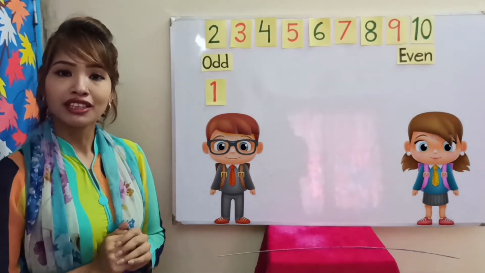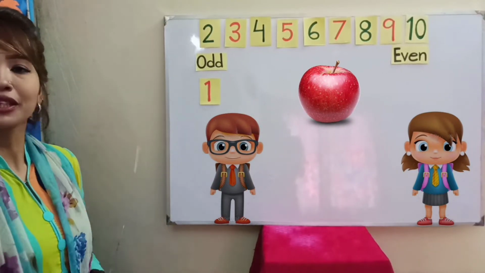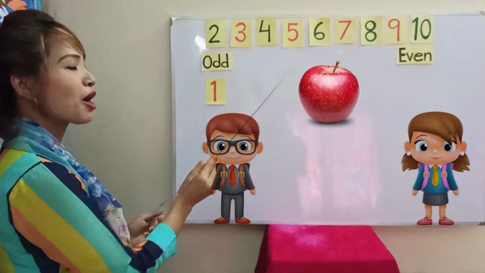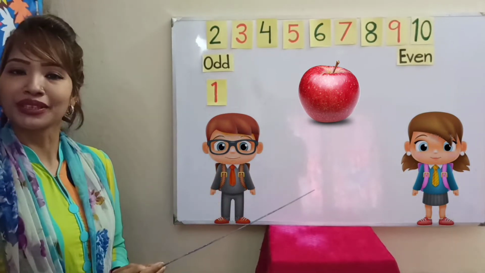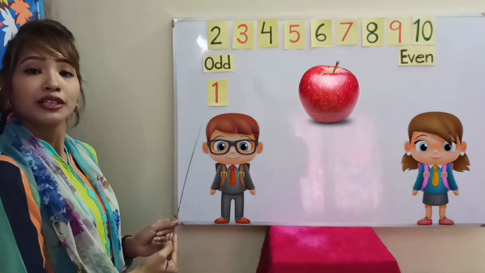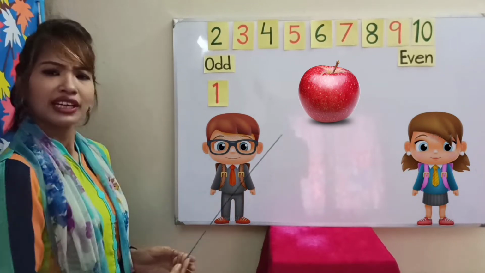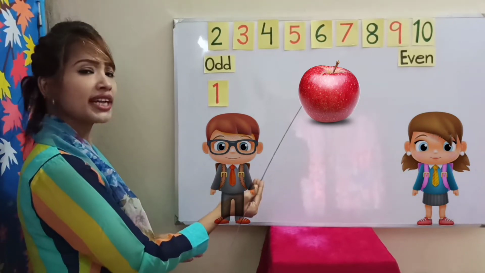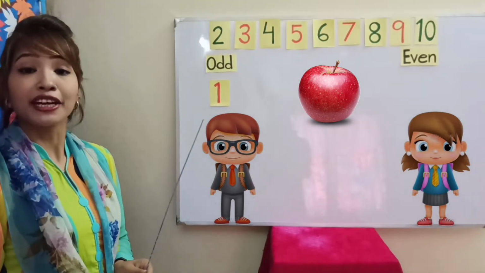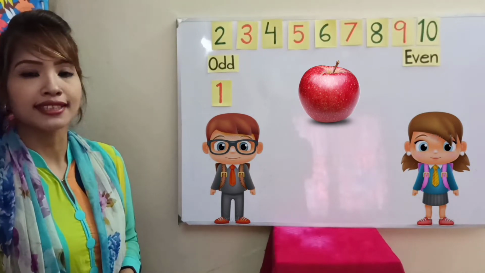How? Teacher is going to show you. How many apples can you see on the board? 1 apple. So, there are 2 characters, Tony and Molly. Can I share 1 apple among them? Yes, I can share, but I have to cut it, and I'm not going to do that.